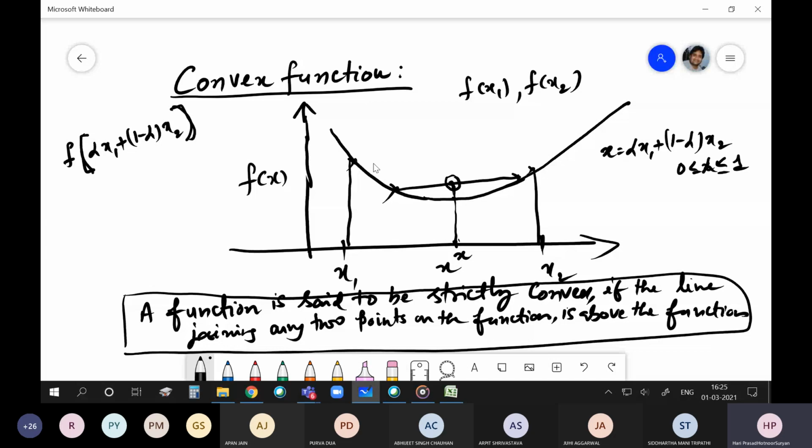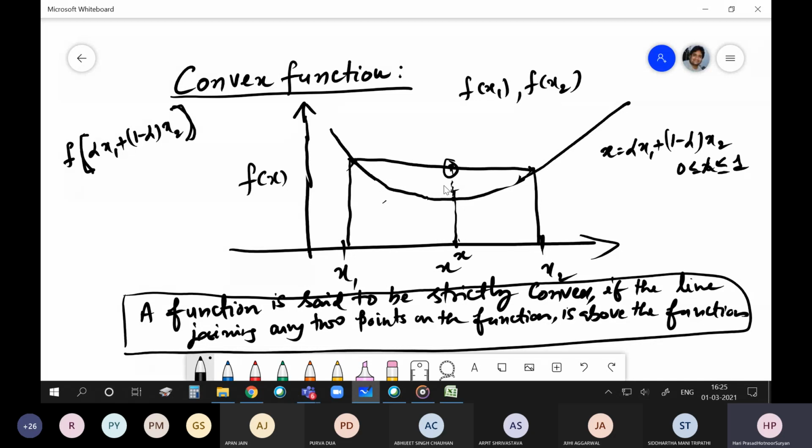So let me write like this. I take these 2 points. Okay, this one. This is f of alpha times what is this value? How much is that?